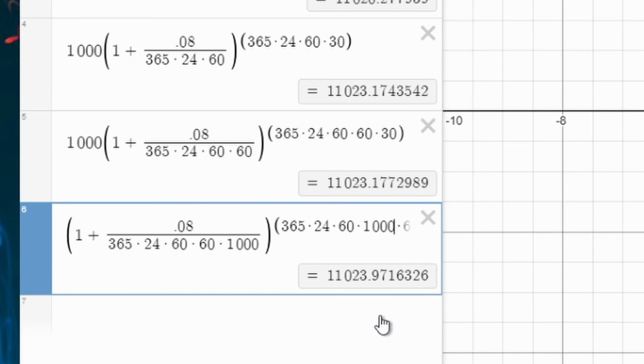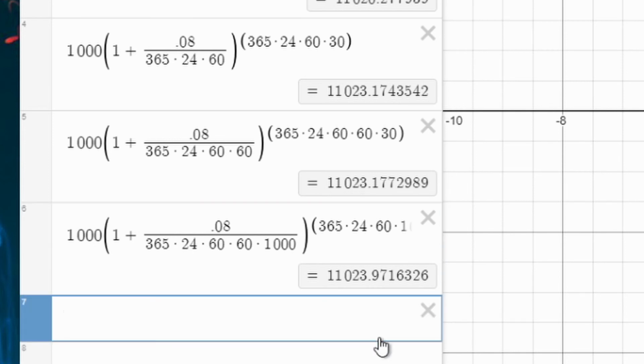So this is every millisecond. Do I get much more money? I just get a little bit more. So this idea of compounding more and more is called continuous compounding. And we'll talk about that in a later video.